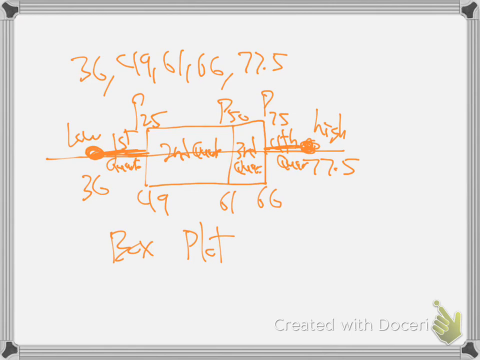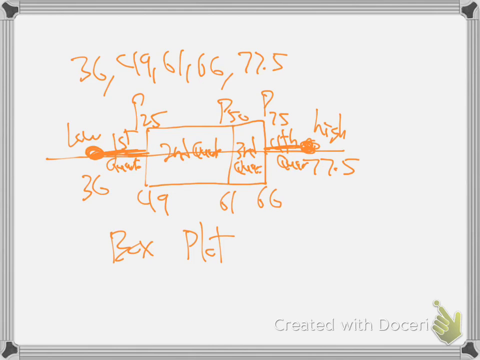Now, it's kind of useless for a data set that only had, what was our original data set? 18 numbers. It's just not that important. But in real life, like they want to measure how all the high school kids just did on the SAT in our nation. They have like 700,000 numbers.